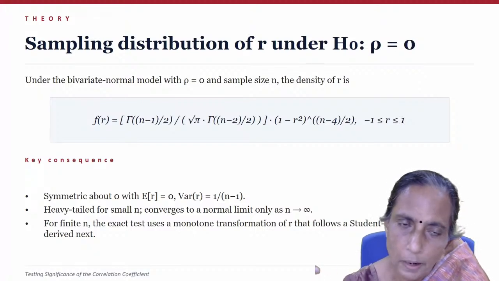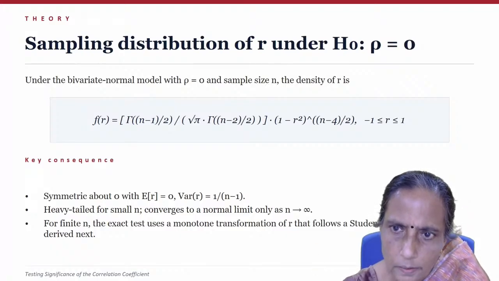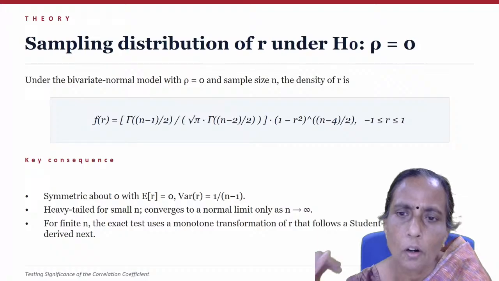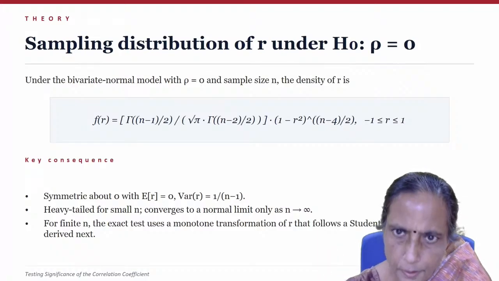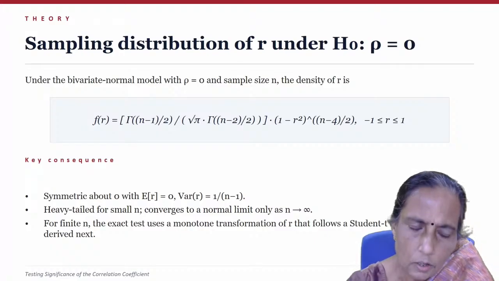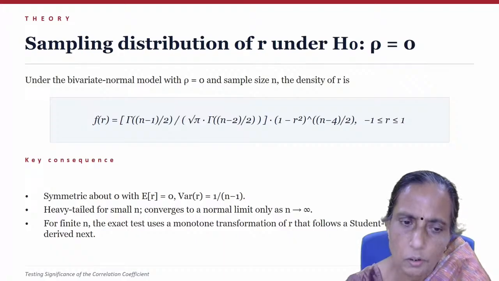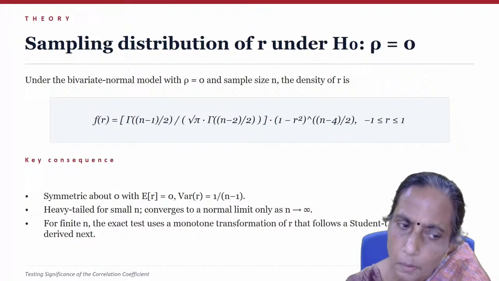Okay. Under the bivariate normal model with rho is equal to 0 and the sample size n, the density of R, or you may say the PDF of R, is as given. The key consequences of this are that it is symmetric about 0 with expectation of R equal to 0 and variance of R equal to 1 upon n minus 1.